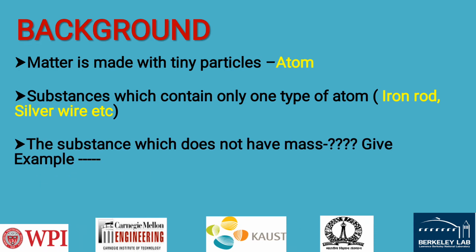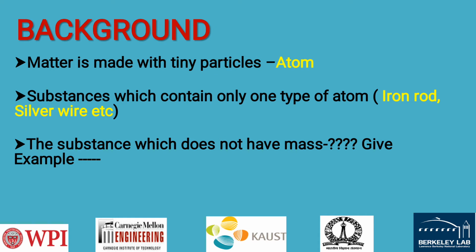The second point is that a substance has one type of atom. It's also matter, but a substance means it contains only the same atoms. But there is something which doesn't have atoms.